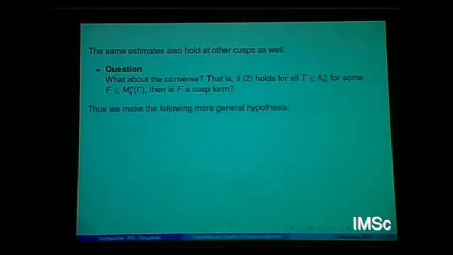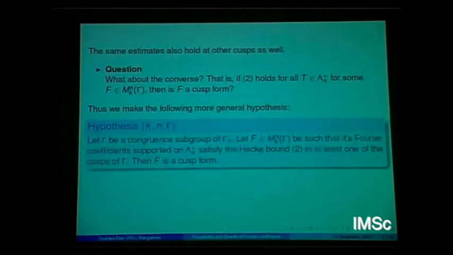So we make an even more general hypothesis in this regard, and I call it just H(n,k,Γ), depending on the parameters. There are 3 parameters here. So let Γ be a congruence subgroup, and let f be an element in M_n^k(Γ), such that its Fourier coefficients, supported on Λ_n^+, so we are only considering the positive definite matrices, satisfy the Hecke bound 2 with exponent k by 2, let's say, in at least one of the cusps.